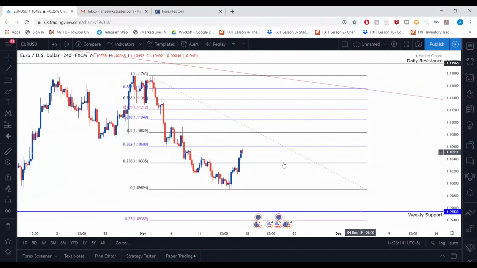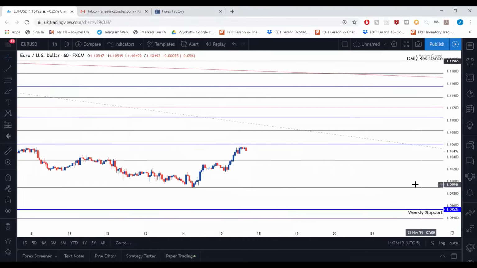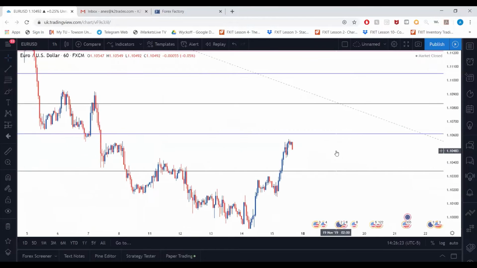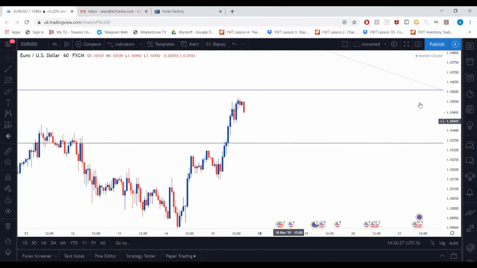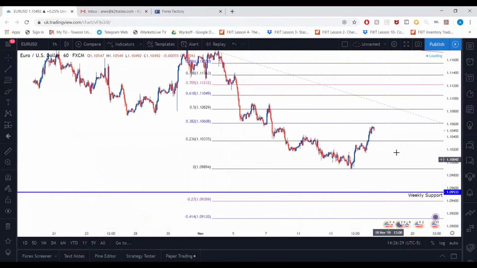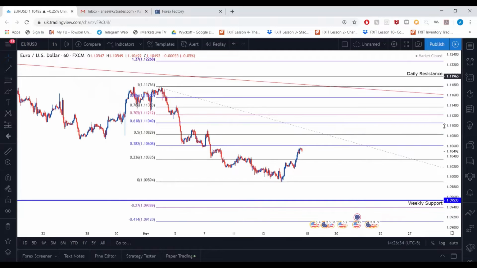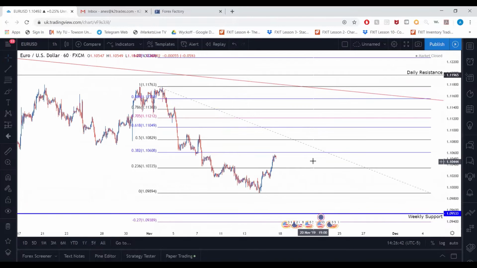So I would honestly just keep an eye on this. On 1 hour, it is showing some signs of a bearish move, but obviously I don't like to validate the move off of 1 hour. I like some stronger confirmation, and you can combine it with the 38.2 rejection and just watch.